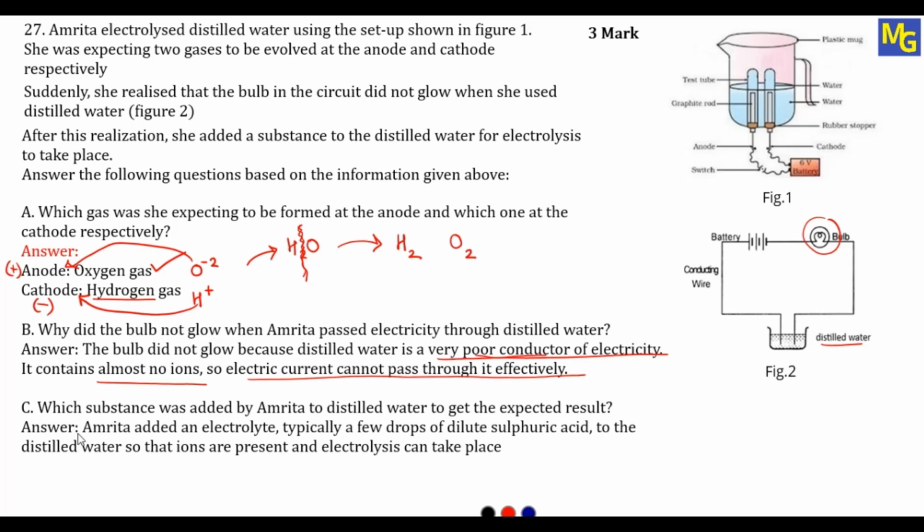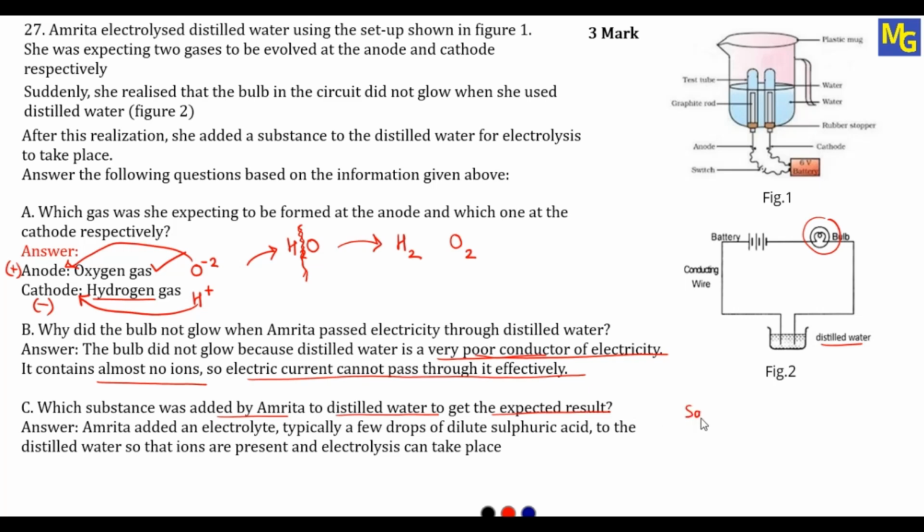Then question C: which substance was added by Amrita to distilled water to get the expected result? As I told, it doesn't have any substance to form ions. If you add any substance which gives ions, then the water can conduct electricity, and you know the ionic compounds, that is salts.